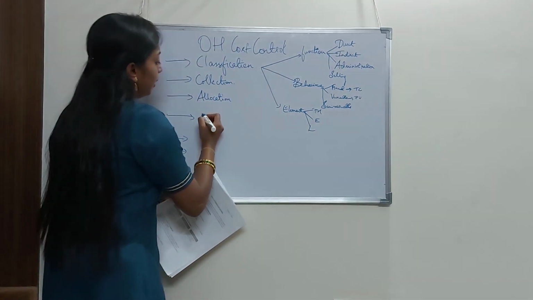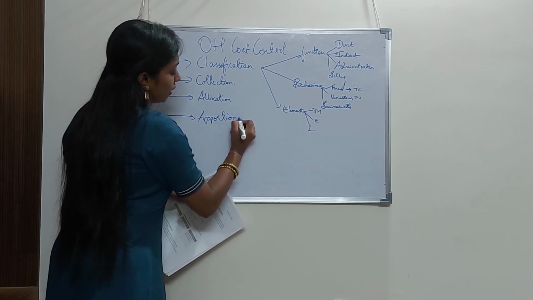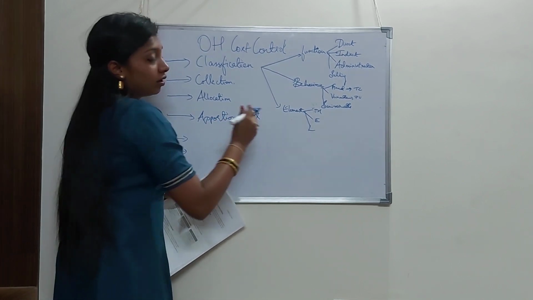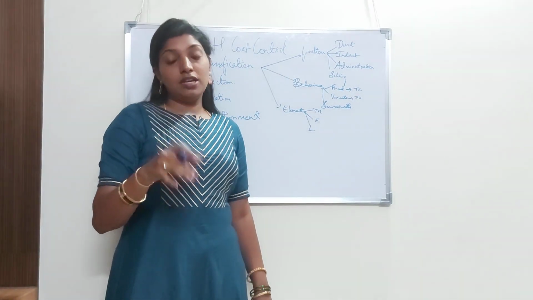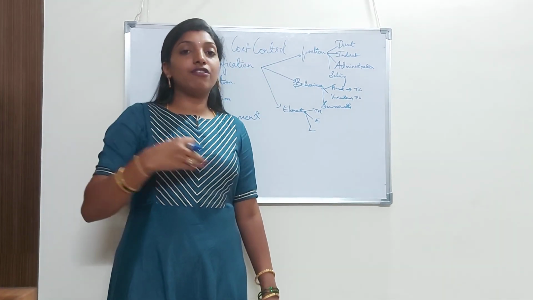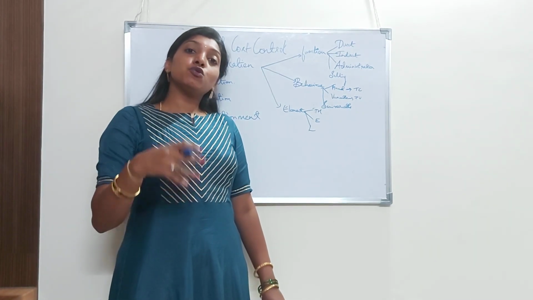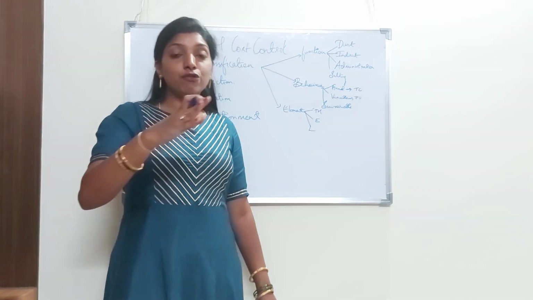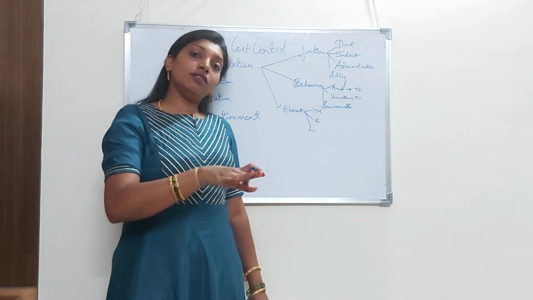And similarly, next we have apportionment. So apportionment is where we are going to allocate the overheads based on the ratios. So there are certain common expenses that we have to allocate to different departments. For example, floor space. Floor space is used by the HR department. Floor space is used by the marketing department. The same floor space is used by the factory department.